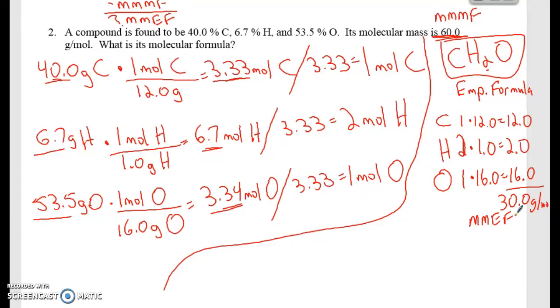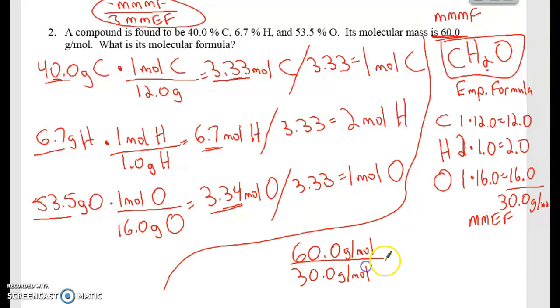So now I want to go back to that equation. The molar mass of the molecular formula I gave you in the problem is 60.0 grams per mole. The molar mass of the empirical formula is 30.0 grams per mole. So that means the ratio is 2.